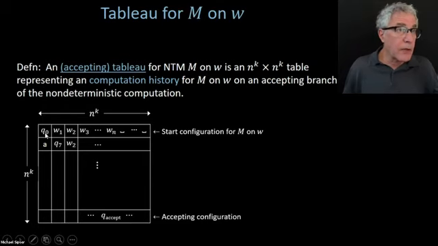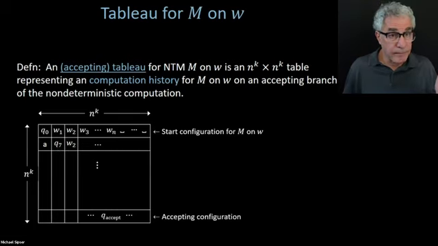And maybe when it's in Q0, looking at that first symbol, it moves to state Q7 and goes right, and changes that W1 to an A. And so now here is the head, moved one position to the right in the new state Q7. Of course, that depends on what the machine is designed to do, what the transition function is. But this could possibly be what happens.